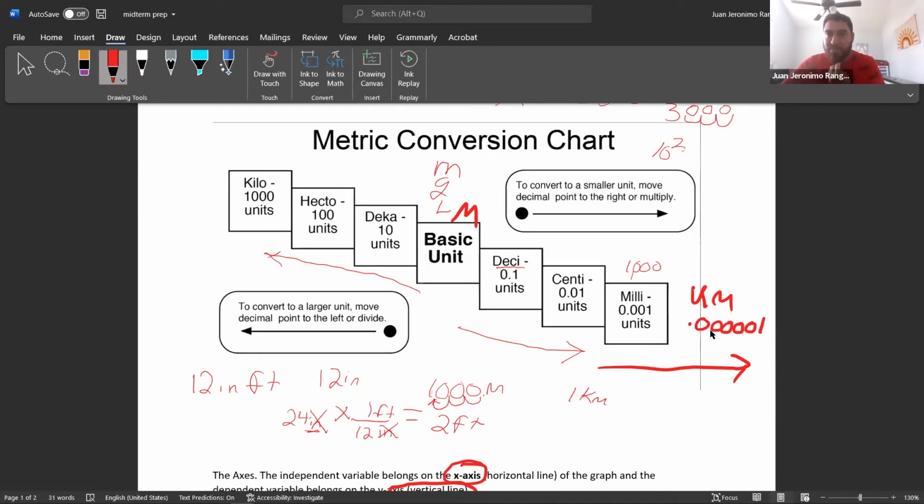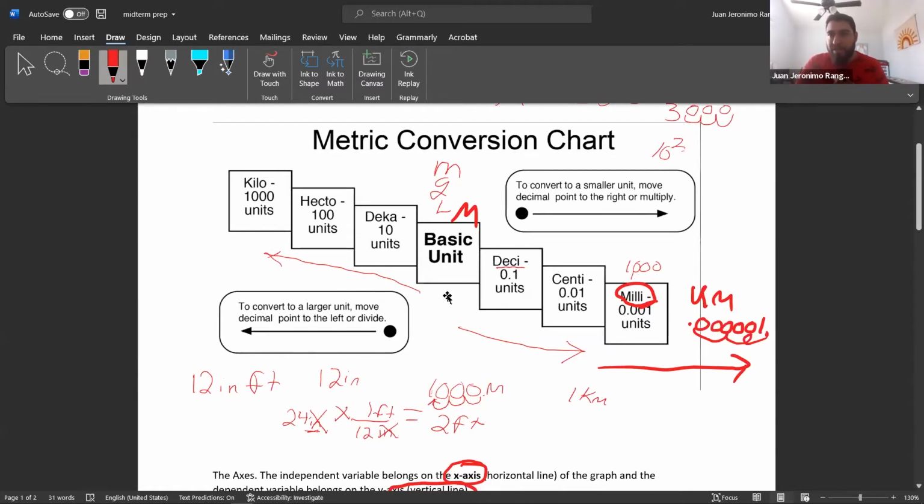If you're starting from micrometers, you got to go 6 this way. If you're starting from meters, you got to go 6 that way. But maybe I'll do milli to micro, and then in that case, you would only go over 3 times. It all depends on where you're sitting.